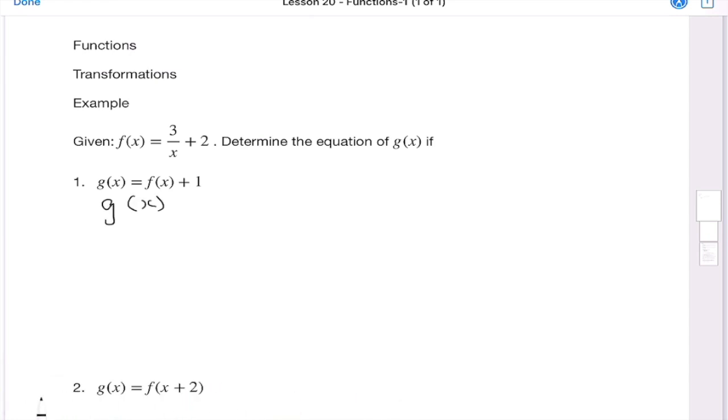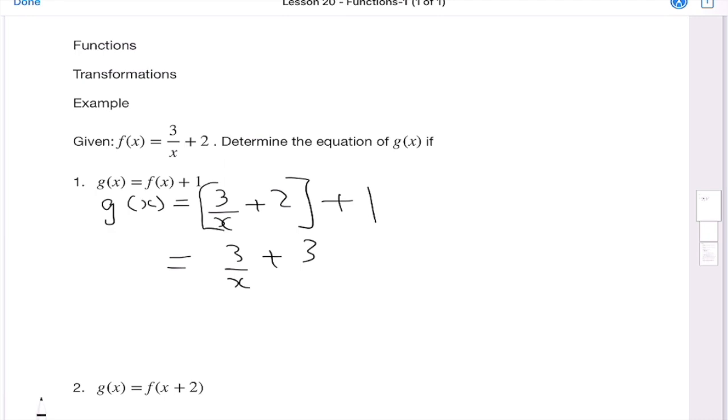So g of x will be equal to 3 over x plus 2. See, this is our function f of x, but it says add 1 to it, and you end up with 3 over x plus 3. So this is the new function g of x. But the question is, how do you get the equation of g of x?